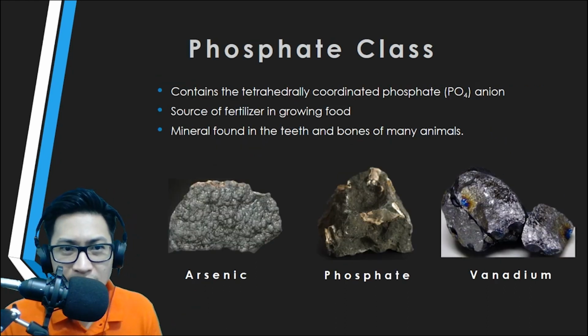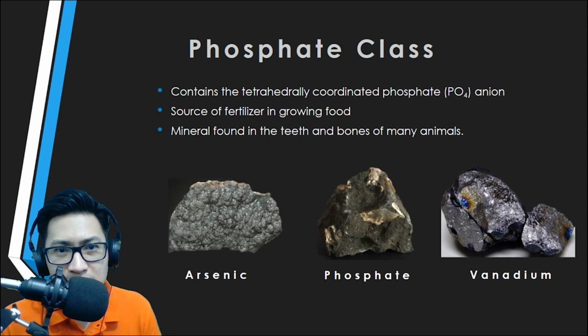The next class is the phosphate class. Like the silicate class, no? The phosphate class contains a tetrahedrally coordinated phosphate ion, right? Or the PO4, the phosphorus and oxygen atoms. It can be used as a source of fertilizer in growing food, no?